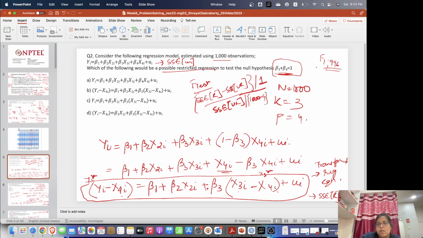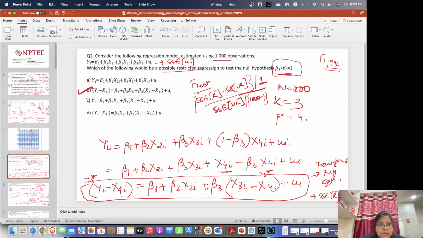And then if this observed value is greater than the critical value, we will reject this null hypothesis, otherwise we will not reject the null hypothesis. Okay, so for the sake of this question, the answer will be part B. Okay, anything else?